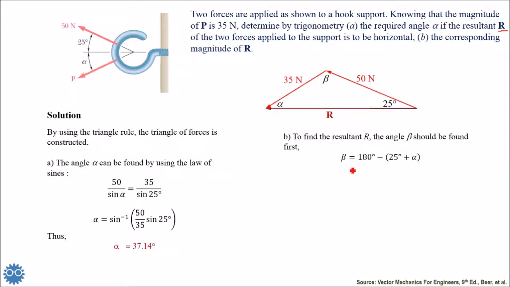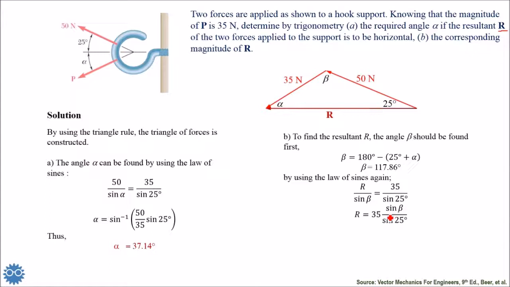So it's simply beta will be equal to 180 minus 25 degrees plus alpha, and this will give us beta equals 117.86 degrees. So now by using the law of sines again, r, the unknown, over sine beta, which is known, equals 35 over sine 25 degrees.